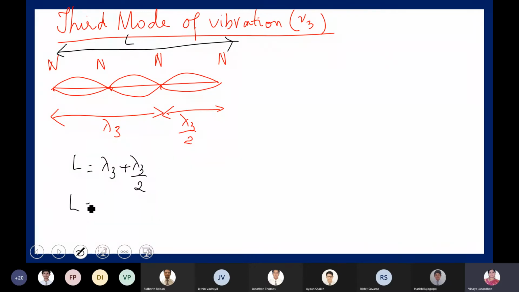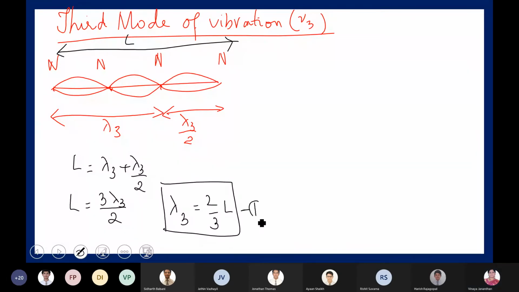So L is equal to 3 lambda 3 by 2, or I can write lambda 3 is equal to 2 by 3 L. Is this fine? Does anyone want me to explain?